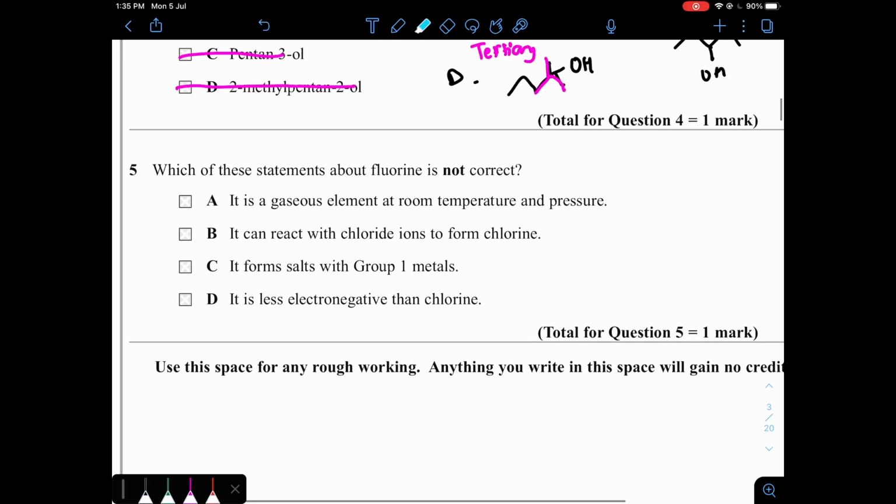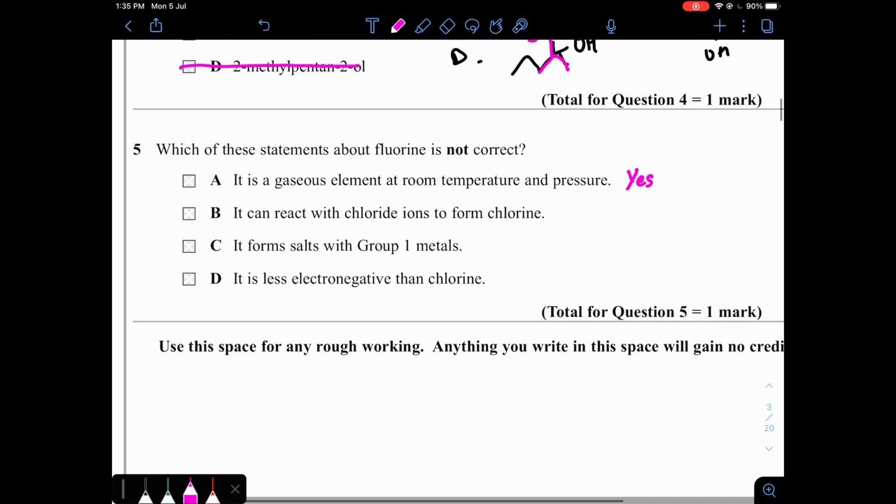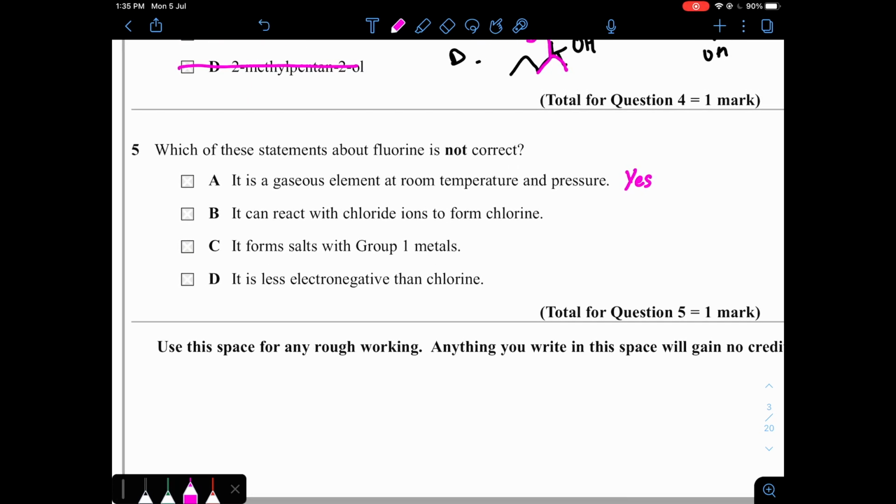Which of these statements about fluorine is not correct? Okay. Is fluorine a gas at room temperature and pressure? Yes, it is. Can fluorine react with chloride ions? And does it form salts? It does form salts, right? Does it form salts with group 1 metals?